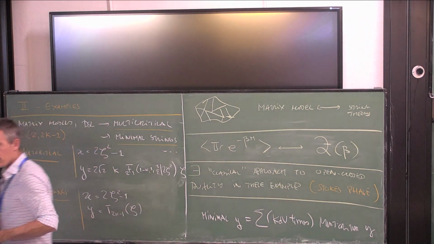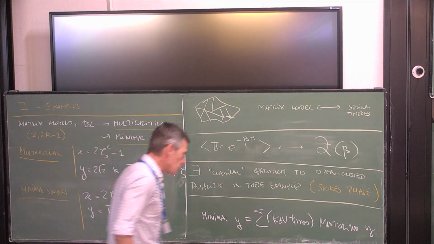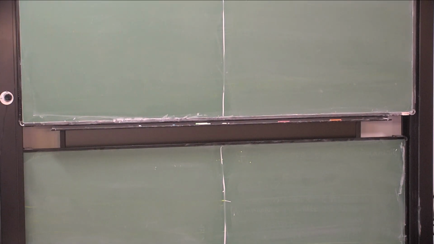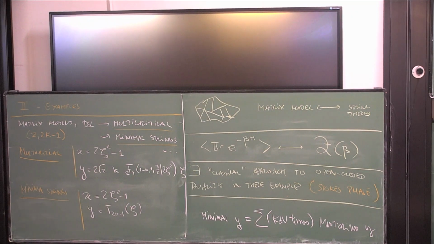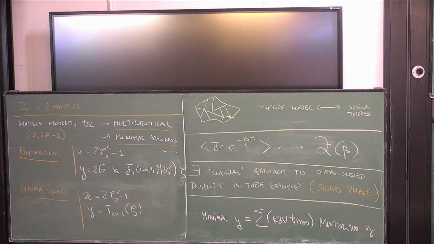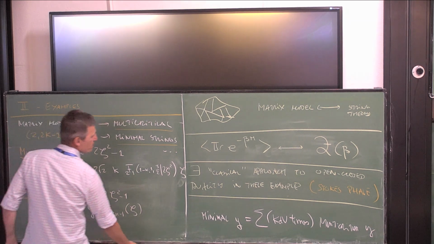And what we'll see is that whereas from open-closed duality, sort of the minimal string may be the most interesting object to work with from the point of view of the matrix model, it's the multicritical string, or multicritical model, whatever you want to call it, multicritical theory, which has the building blocks to construct the string equations that we can then use. And this, by the way, are building blocks that can be used to describe things in a different class from just multicritical and minimal strings, as again, I'll try to come up in the end.